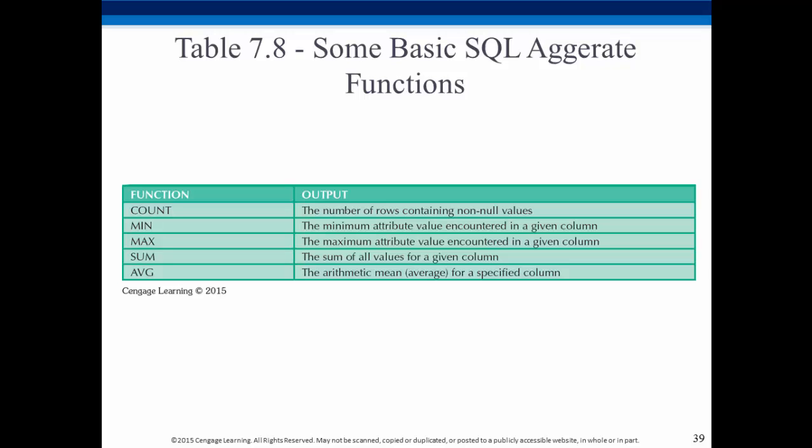And then average, of course, the average function is the arithmetic mean for a specific column. And you would do something like select average P price from product, and it would average all of your P prices. It would add them up and get the average of 56.42125.